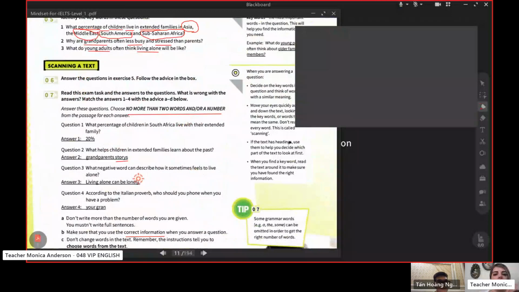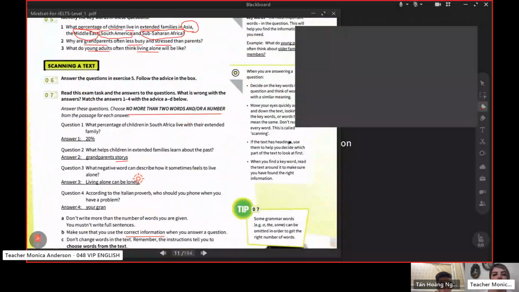So let's talk about the purpose of having the same question and task in this part, which is to get familiar with reading rules. For example, if you're going to answer the questions, what rules you need to follow? We say make sure that you use the correct information when you answer.